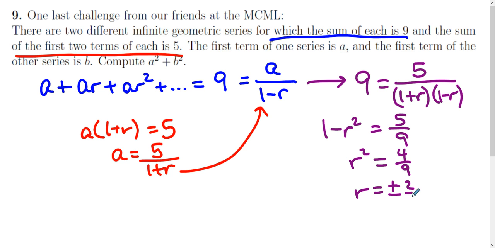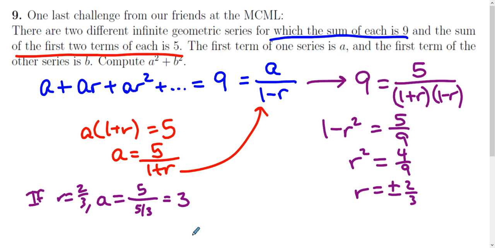So r is plus or minus 2/3. Well, there are two cases based on the plus minus. If r is 2/3, then a is 5 over 1 plus 2/3. And that's 3.